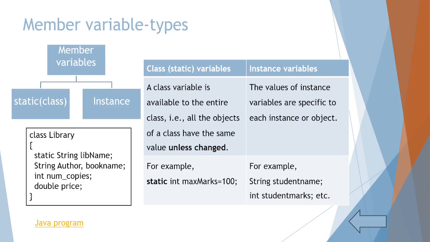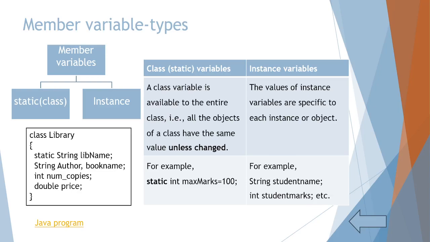If you see the differences, a class variable or a static variable is available to the entire class. That means all the objects of a class, the objects of a library being books, all have the same value, the same library they belong to, unless changed. We will see this with the help of a program.